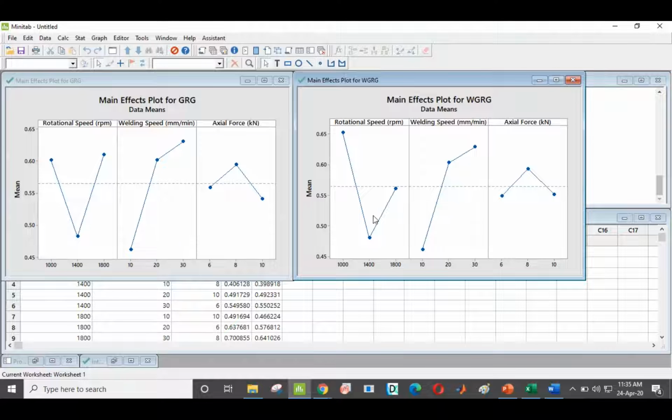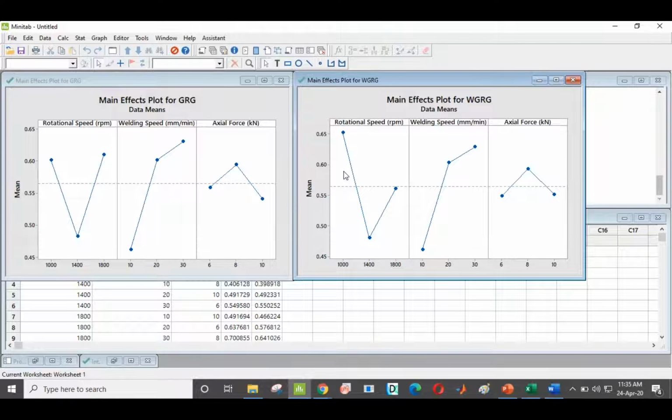But in this case, the optimum value is 1000, the rotational speed. The welding speed is 30, and the axial force is 8. So the weightages do not have any impact on welding speed and axial force, but they have an impact on the rotational speed. Okay, on what basis do we choose that weightage?